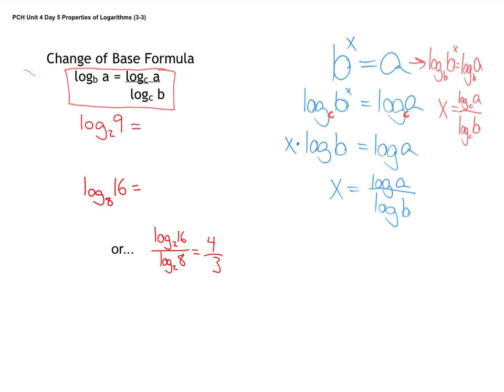Or maybe we changed it into a log base e so we could use the natural log on our calculator. Now, if I'm asked to find what the log base 2 of 9 is, there's no common factors here. There's no real good way of doing this other than using our change of base formula. I'm going to take the log of 9 over the log of that original base 2.